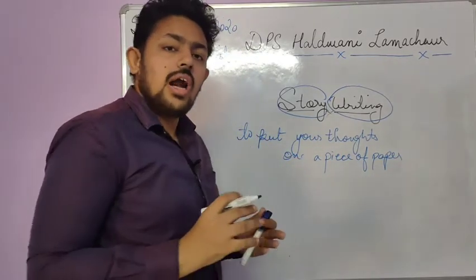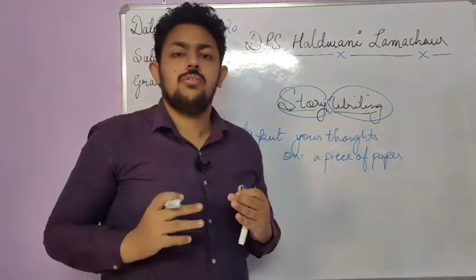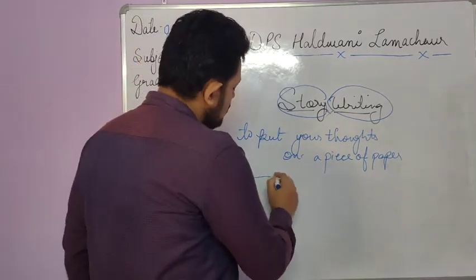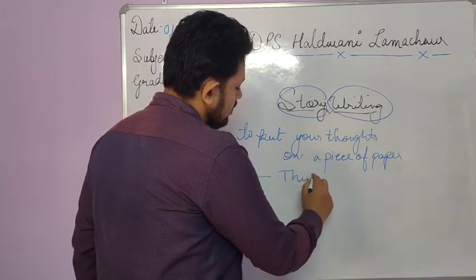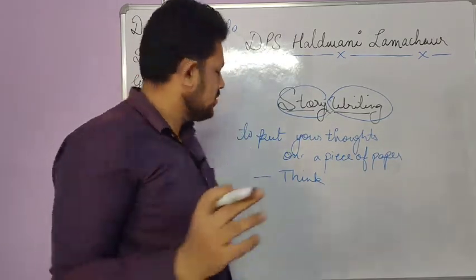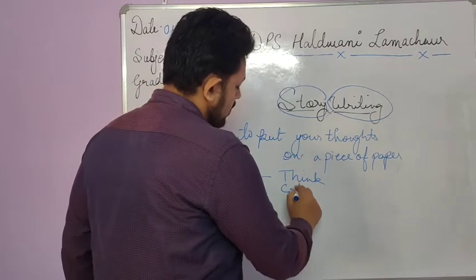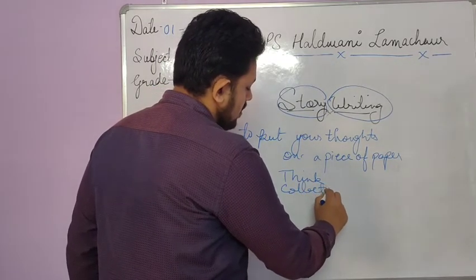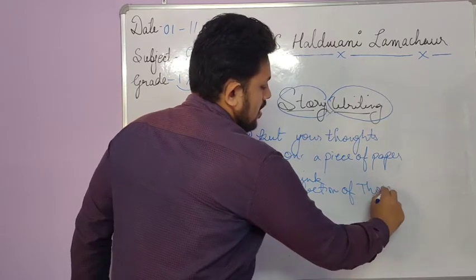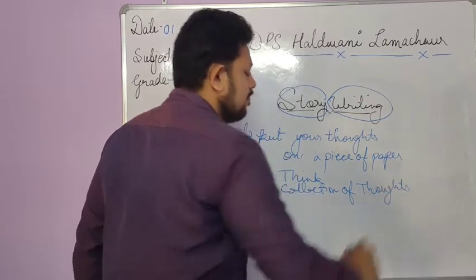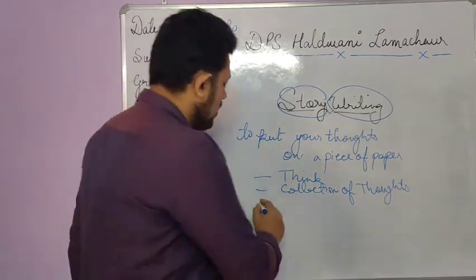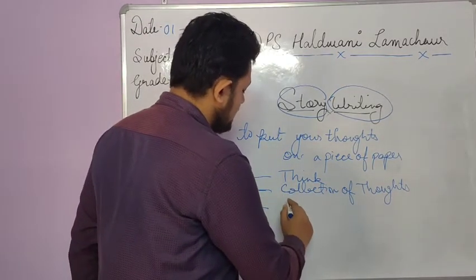How do we write something? We think about it. First of all, to write something, the first thing that we do is to think. Then what we do? We collect all the thoughts, collection of thoughts, and then what we do? We shape our thoughts, we give it a nice language.